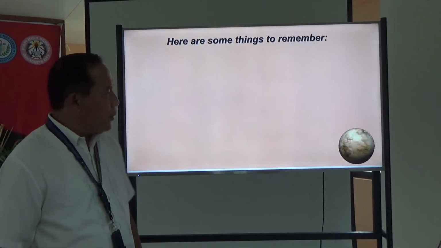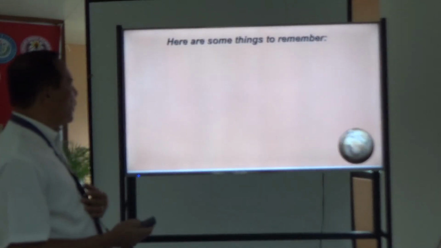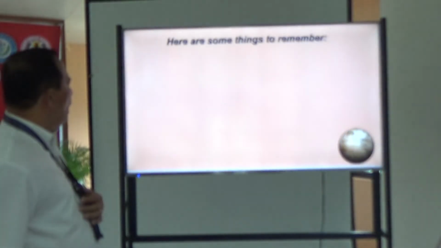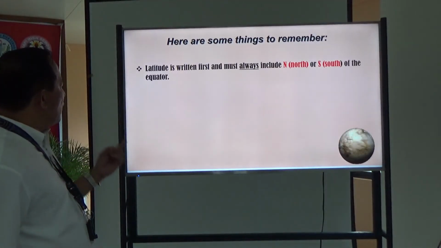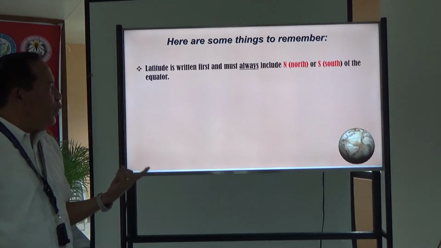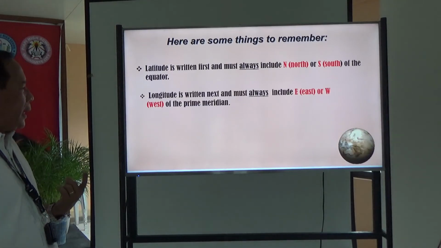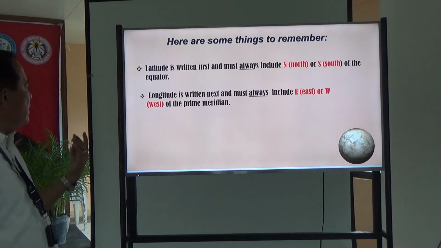We are now in the part where we generalize the things that we have discussed this afternoon. And remember, latitude is written first and must always include north or south of the equator, as we have seen in the example.